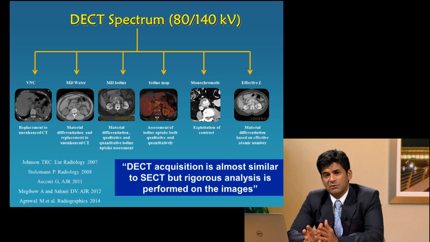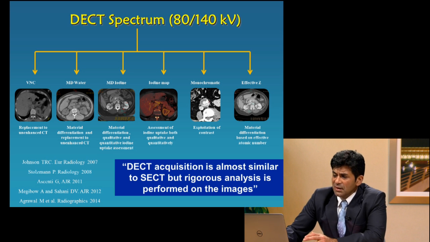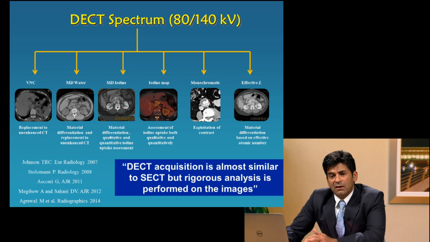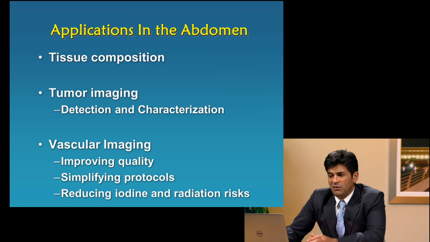The time it takes for scanning is similar, but now we have the capability of doing more advanced processing on those images to generate material-specific images and these virtual monochromatic images that have found value in clinical care. And there is enough clinical information and data in the literature to support the use of these advanced images.